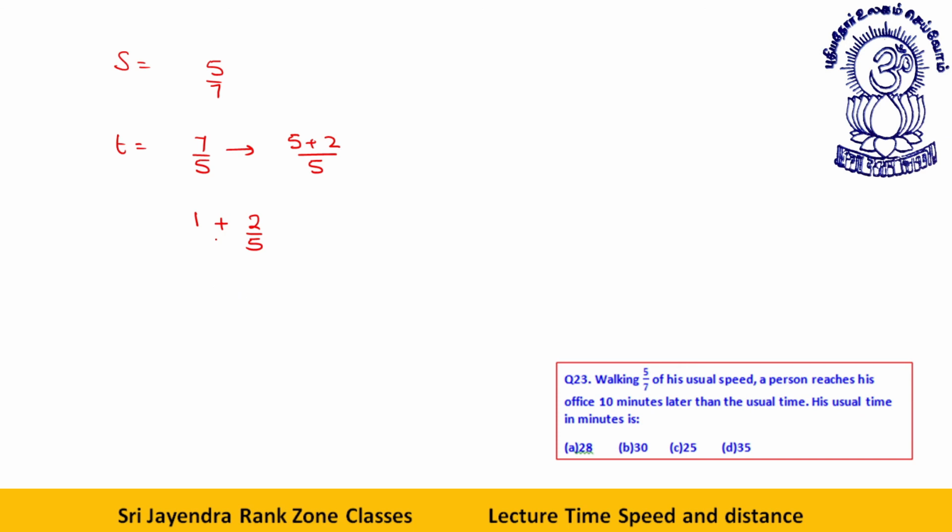Now this 2 by 5, dear students, is given to you as 10 minutes. So if 2 by 5 t is 10 minutes, 1 by 5 t will be 5, so your t will become 25 minutes.